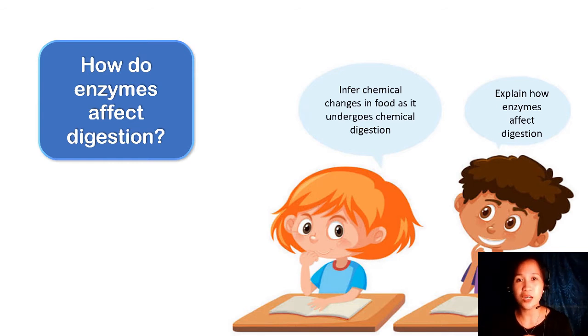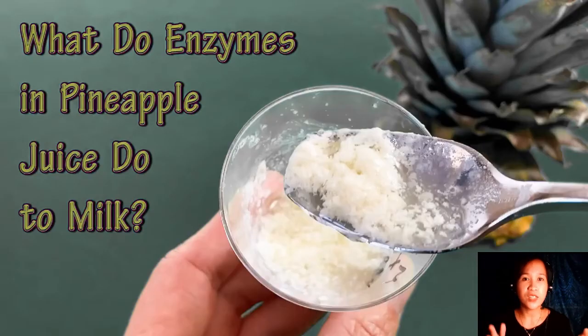And digestion makes the nutrients found in food available to different parts of the body for the organism's nourishment and overall wellness. So kindly watch this video for you to understand more how important an enzyme is for digestion. And please take note of the questions because you are going to answer the questions that are included in this video. Okay?